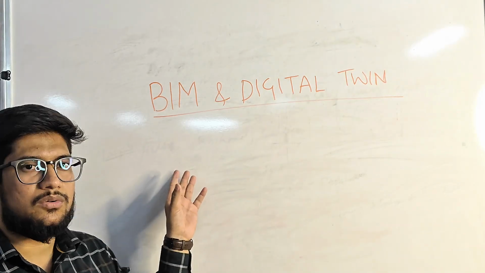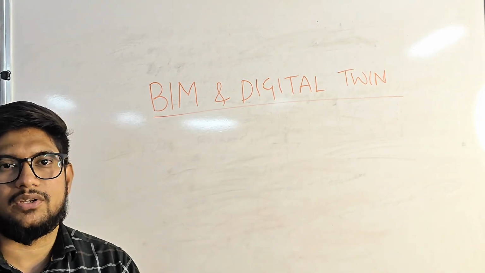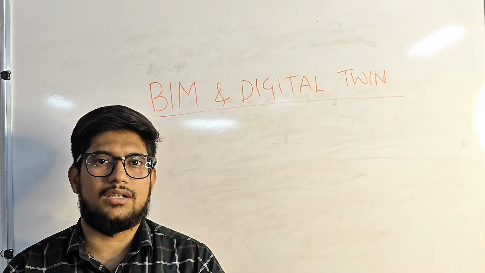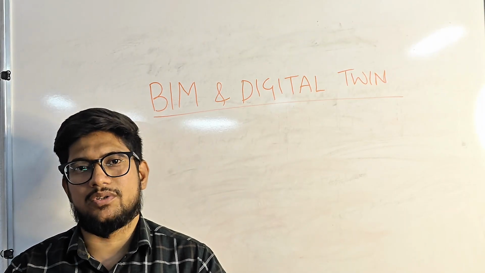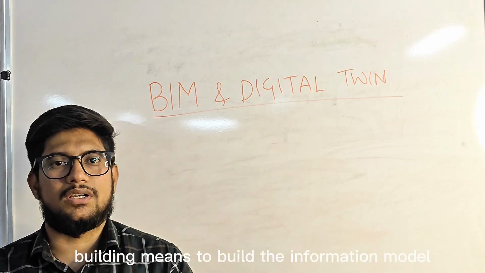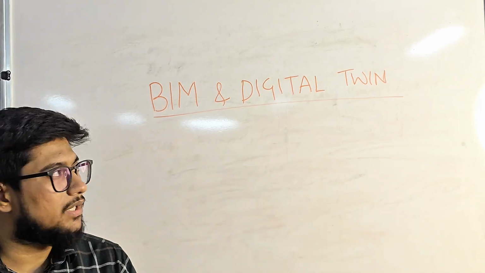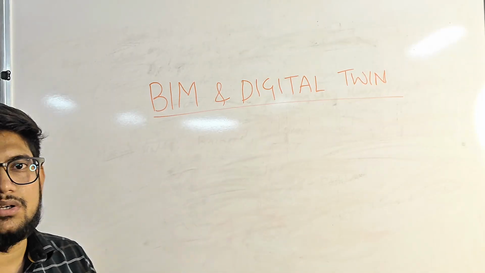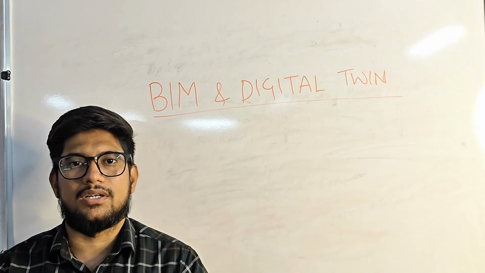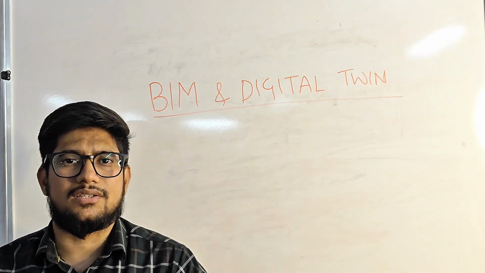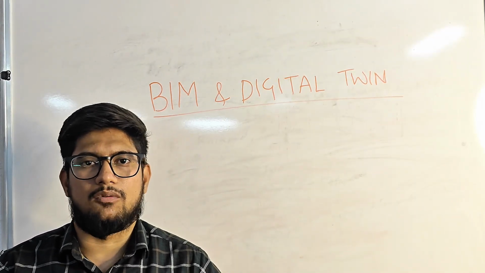BIM is already covered in our previous videos on the channel. You can check out the video in the description, or you can see the relevant videos. BIM is building information modeling, which means to build the information model. So BIM means to create a BIM model, and we know the BIM model is nothing but an intelligent 3D model, realistic, like for any construction project, we will be having a wall, right?